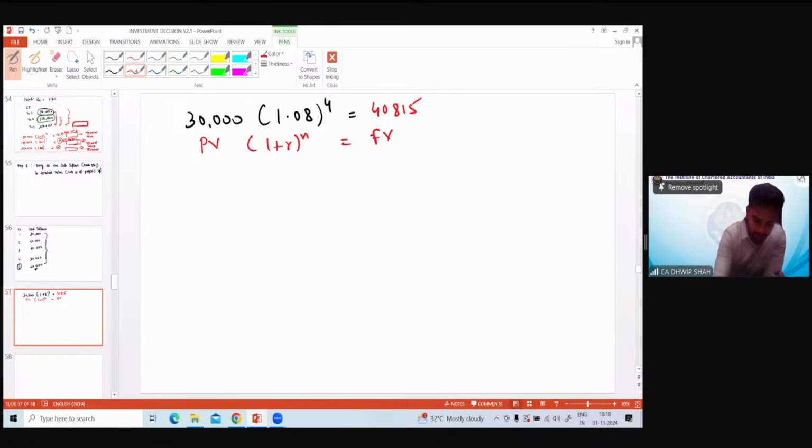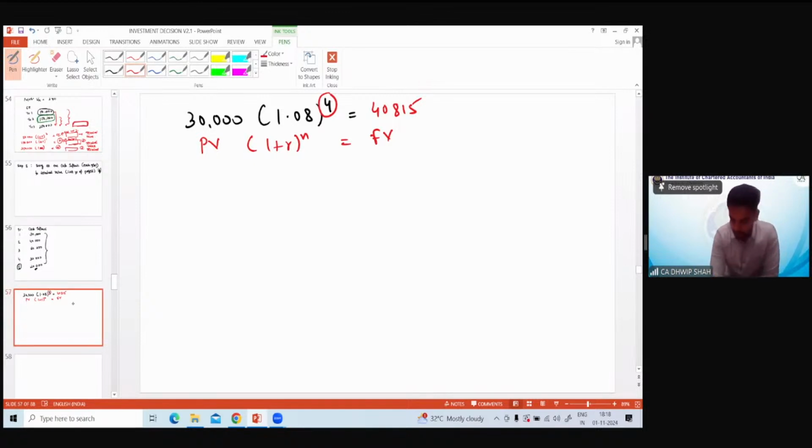When the power is 4, first you take 1.08 in the calculator, press the multiply sign. Now since the power is 4, you press the equal to sign 3 times. 1, 2, 3. And now multiply it by 30,000. Okay, so 4815. Everyone?